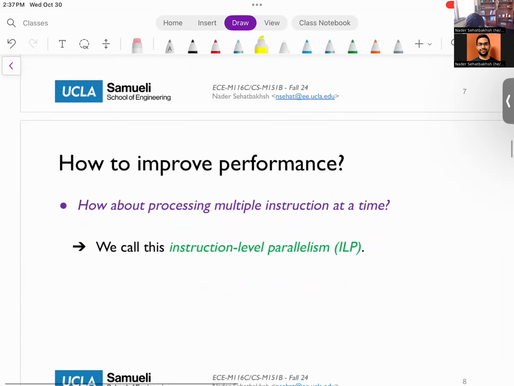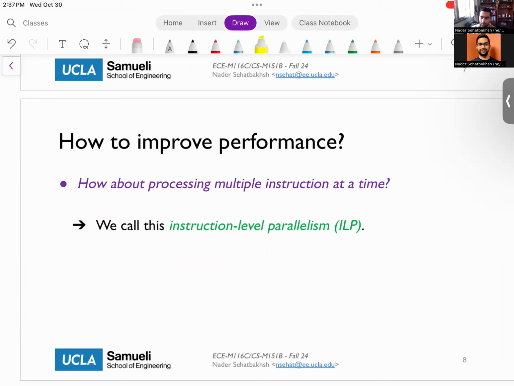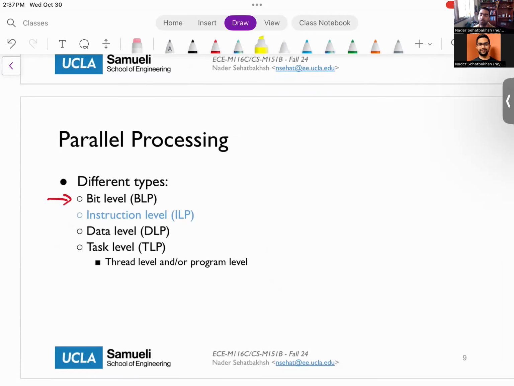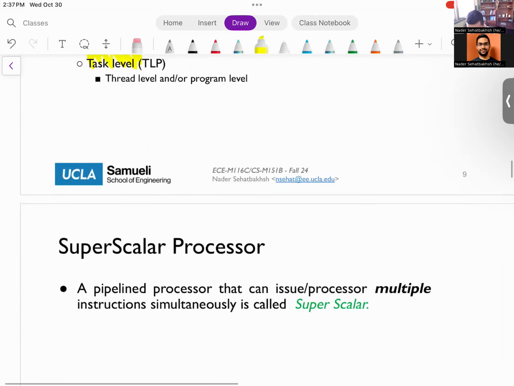This is what we call a superscalar processor, and what we are really doing here is what we call instruction level parallelism, or ILP. Instruction level parallelism is part of a more generic term called parallel processing, where we can have different levels of parallelism at the bit level, the data level, or the task level. We're going to talk about these later, but let's focus on instruction level parallelism.